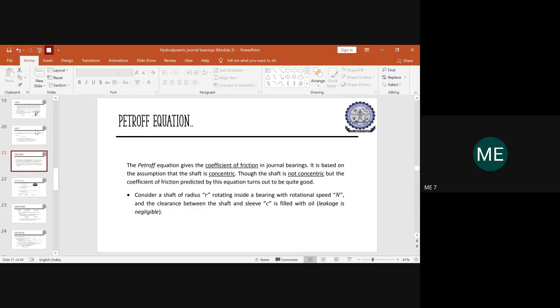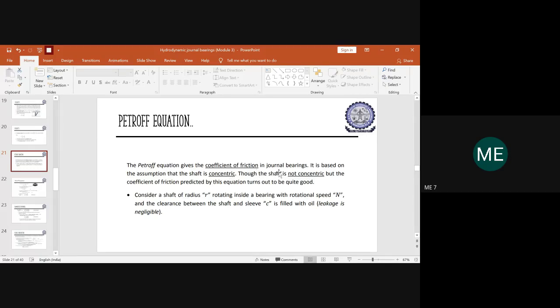So before starting, what you have to consider is an assumption to be followed. Here the assumption we follow is that the shaft is concentric. So the alignment of the shaft is exactly concentric.